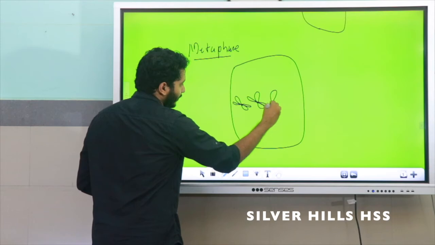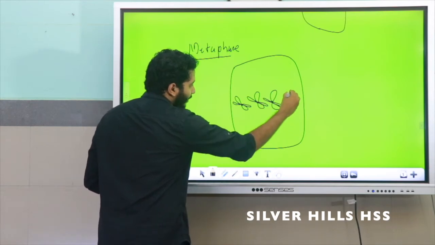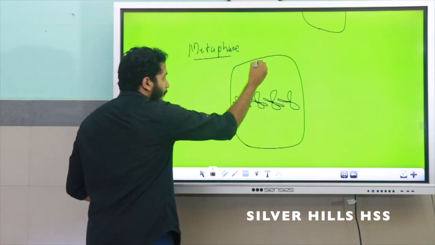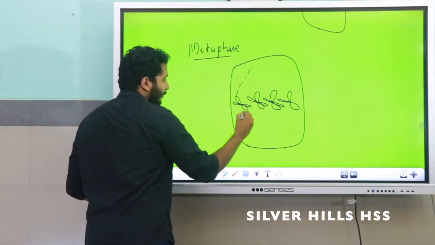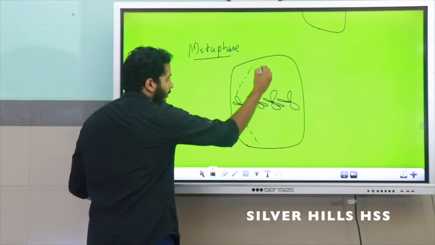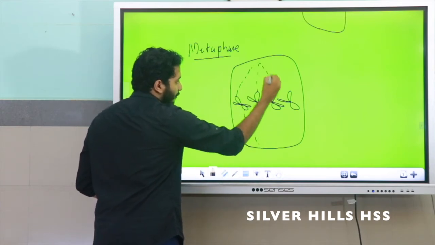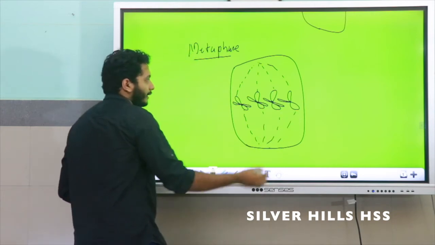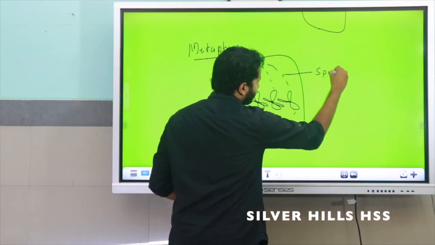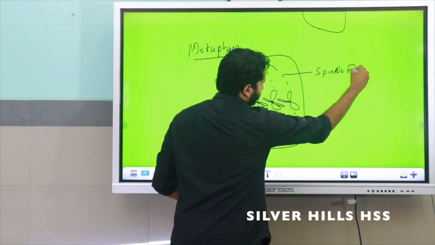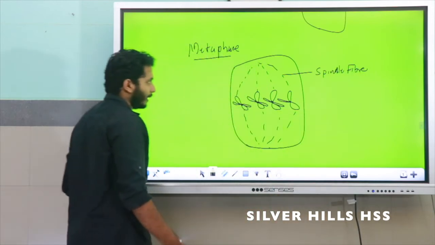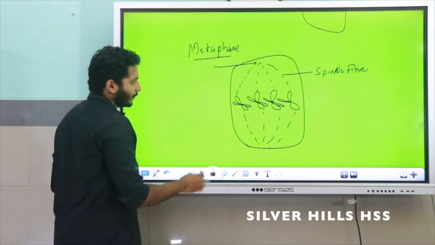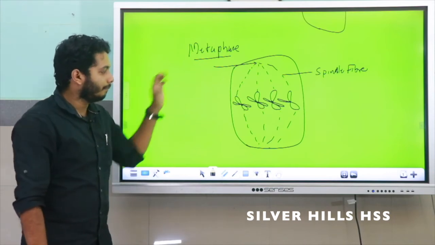Also, from the poles of the cell a fiber develops which holds one part of the chromosome. This fiber which develops from the poles is termed spindle fibers. So, the spindle fibers also develop during the metaphase.